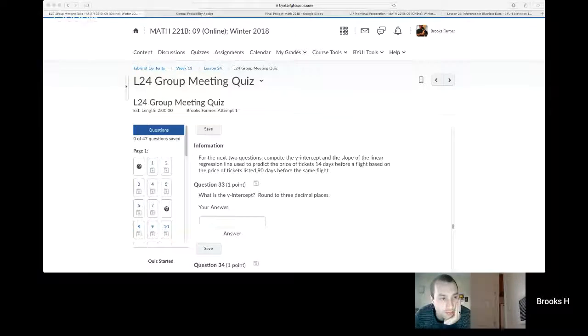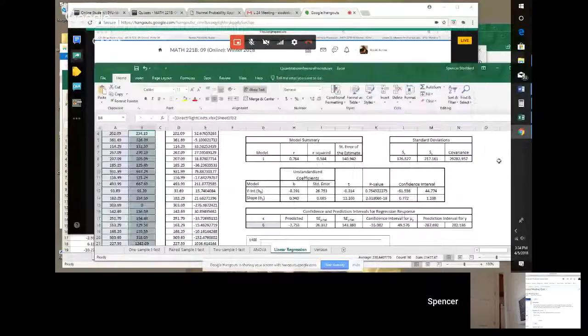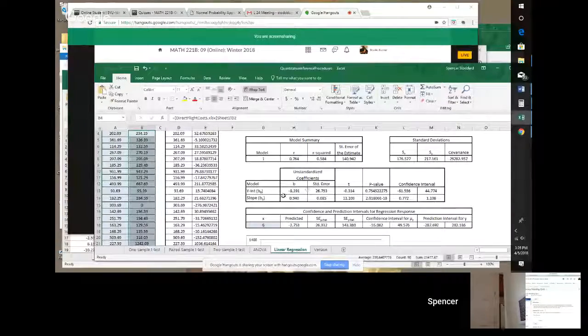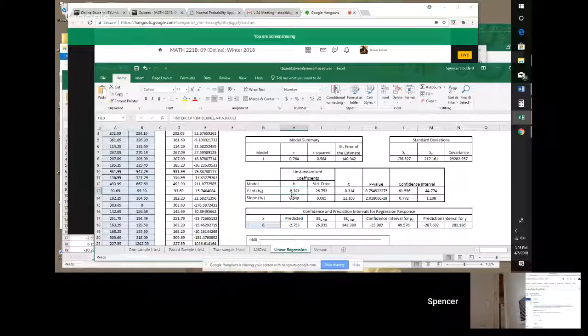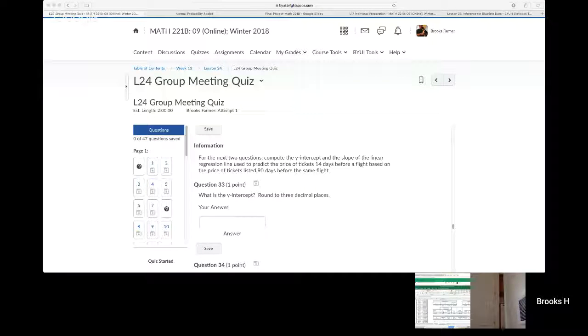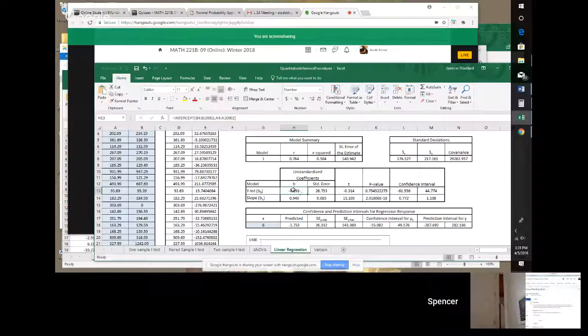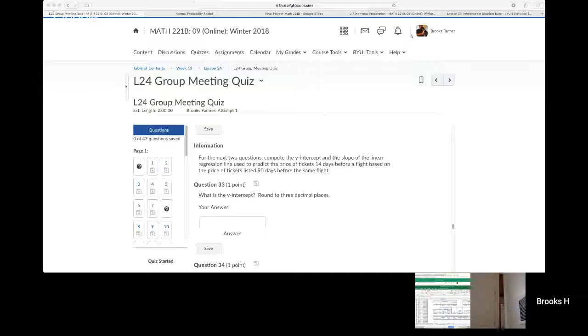Okay, I'll show you on mine. Just share screen. All right, can you see my screen? Yeah. So I would say the y-intercept right here. You go to this side, and it has the B. I would say that's the number we're looking for. I don't think my data is correct though. All right, I got 115.64 right here for y-intercept.